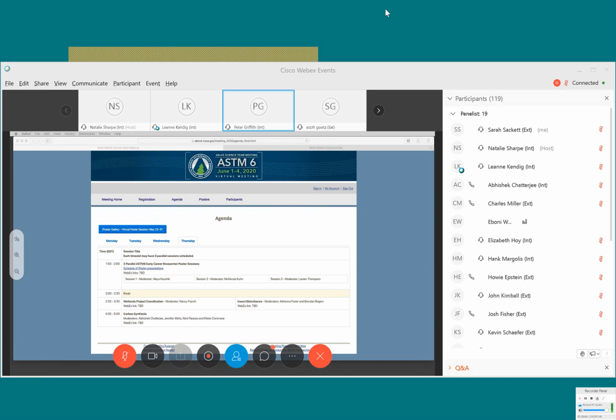And then the carbon synthesis group, which has been meeting very regularly, led by Watson, Chatterjee, Koman, Farazooms, and others, is going to continue to plow through their edited agenda at 4 o'clock. If you haven't been participating in that and you'd like to, I'm sure you would be welcome.